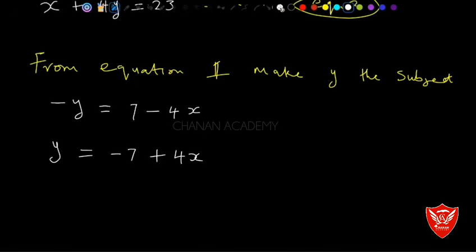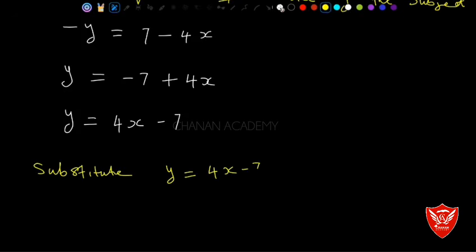Now let me rearrange the equation. It becomes y equal to 4x minus 7. So I can substitute this y equal to 4x minus 7 in equation 2. Our equation 2 is x plus 4y equal to 23.